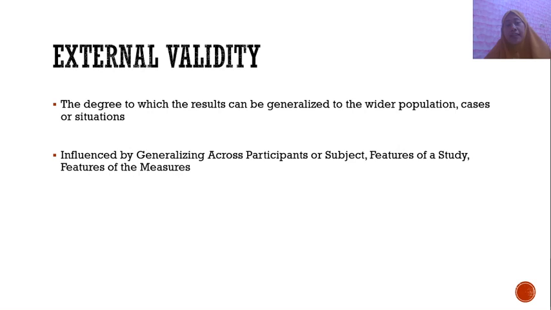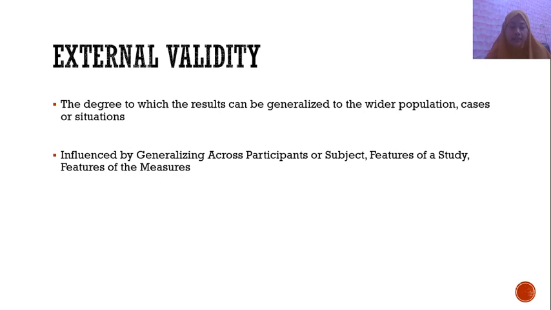While external validity is the degree to which the results can be generalized to the wider population, cases, or situations. It focuses on each unique characteristic of a study that might raise the question of whether the same result would be obtained under different situations or conditions.